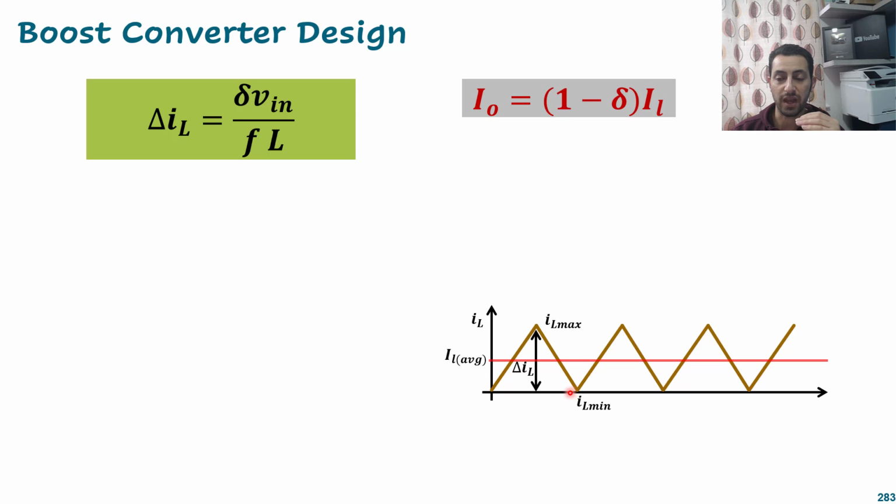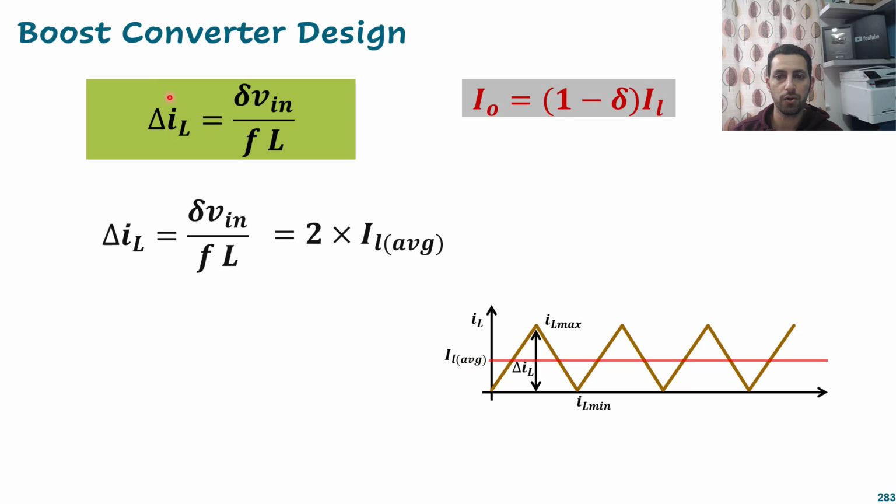So at that time, the average current of the inductor, which is that middle line between the maximum and minimum, will be halfway between the minimum and maximum. So I can say that the ripple current from maximum to minimum equals the IL average, okay? So that value now will equal IL average.